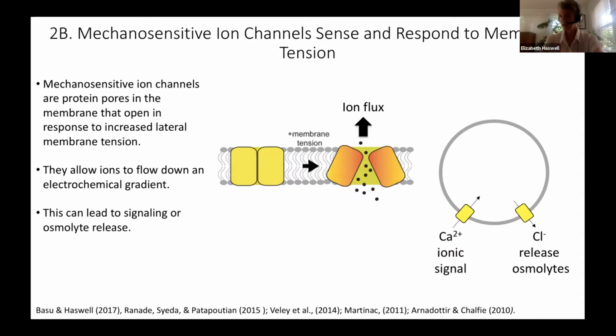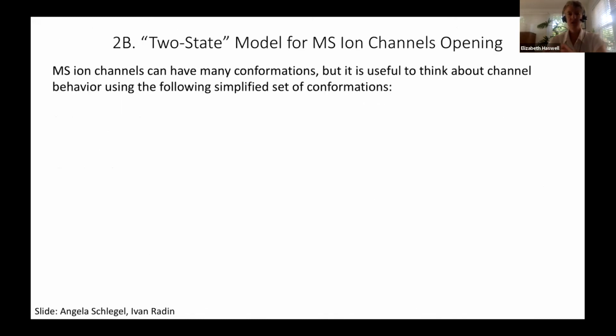Or if it's anion selective, maybe it would let chloride ions exit the cell. In plants, this is exactly the direction that chloride would flow if an anion channel was open, and this would release osmolytes and could actually prevent the cell from expanding further. Or there are some cases where we think that mechanosensitive ion channels might have a non-conducting function, or signal in ways that are separable from ion flux.